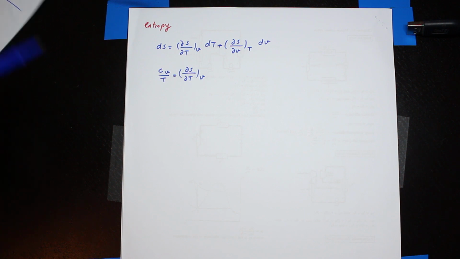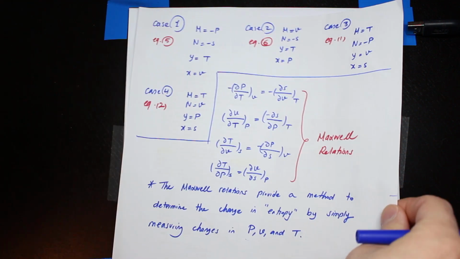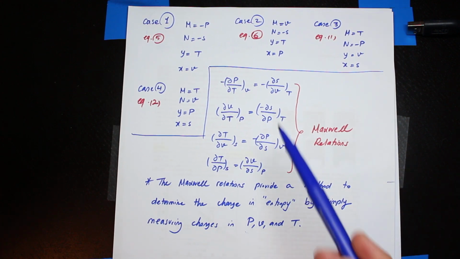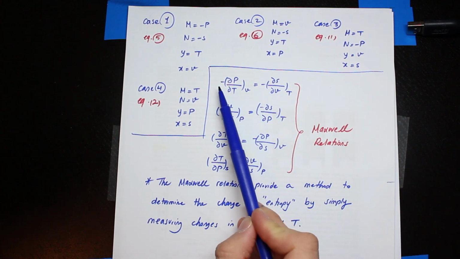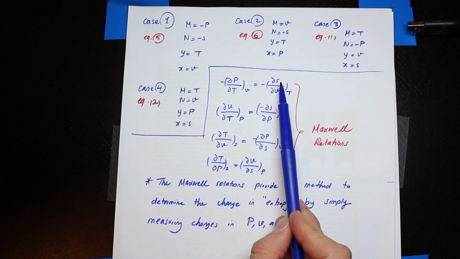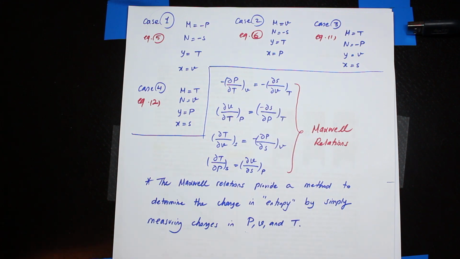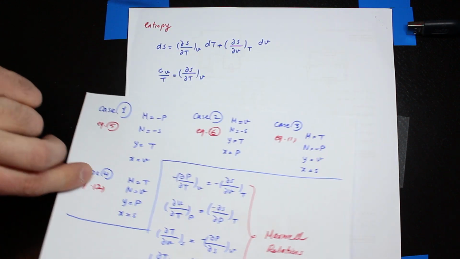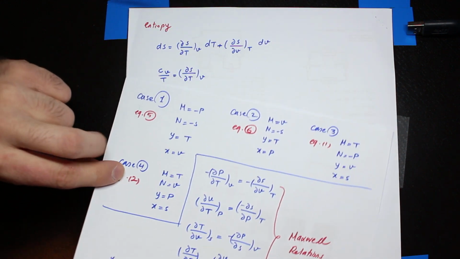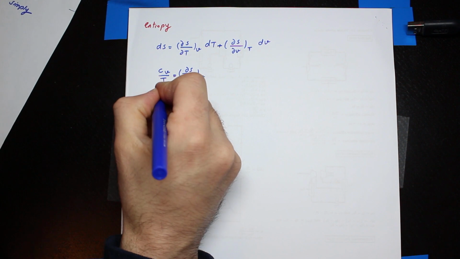I am also going to use one of the Maxwell relations that we had before. These are the Maxwell relations we had; there were four. I'm going to use the very first one, which gives us partial S partial V for constant temperature, because this is exactly what we have here. Let me copy the Maxwell relation.